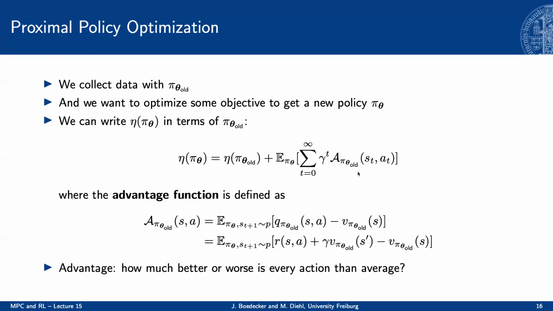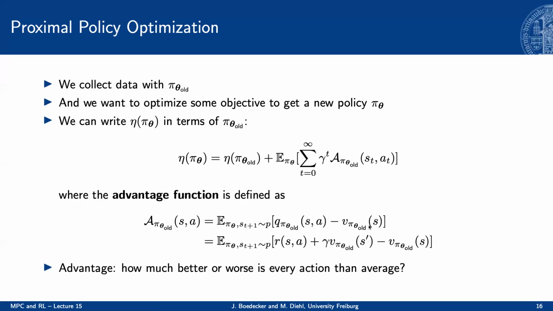And the advantage value is just what we see down here. It's just the Q value for a given state and action, minus the state value for that same state. That's something that you often see, and it tells you basically how much better is your current action that you're evaluating, this A, compared to the average, which would correspond to the V value.